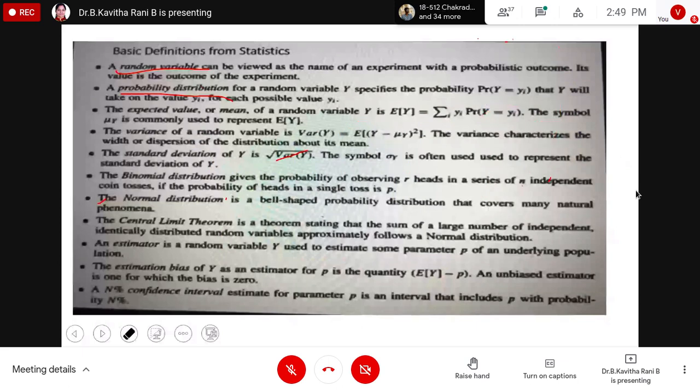So here, what is my question? The probability distribution can be taken as a table with the number of heads, and what is the probability that I have to see here? For number of heads equal to 0, I'll get 0.25. That means, how many outcomes do I have? 2 heads, 2 tails, 1 tail and 1 head, and 1 head and 1 tail.